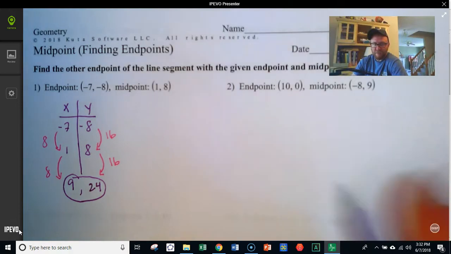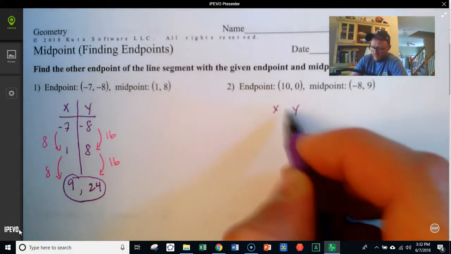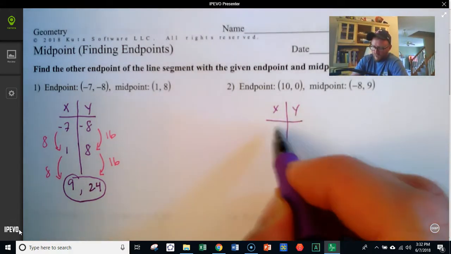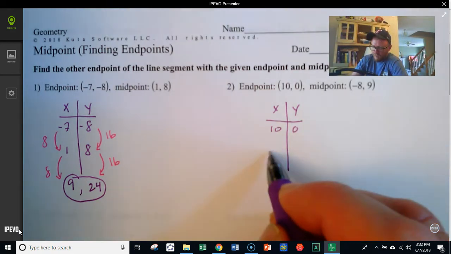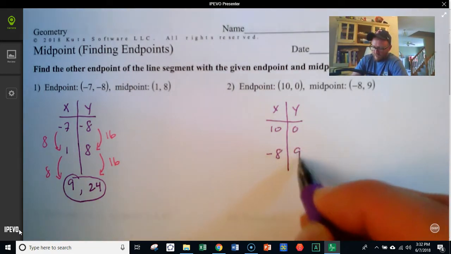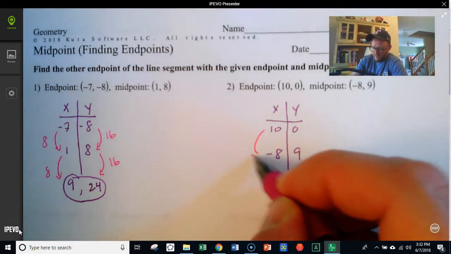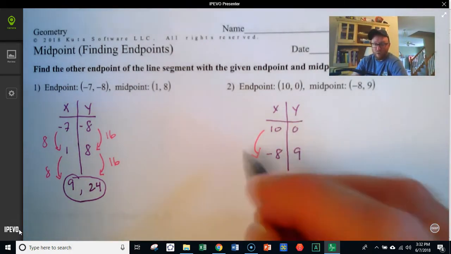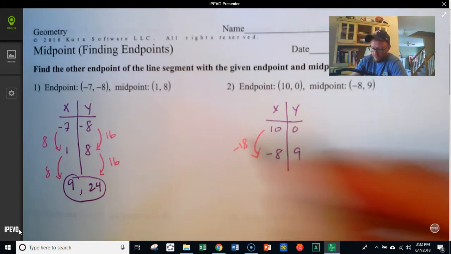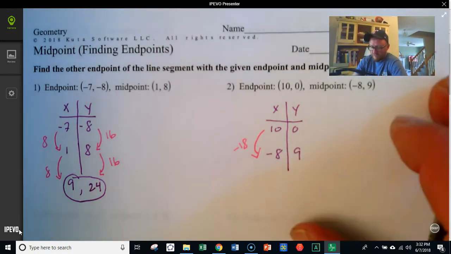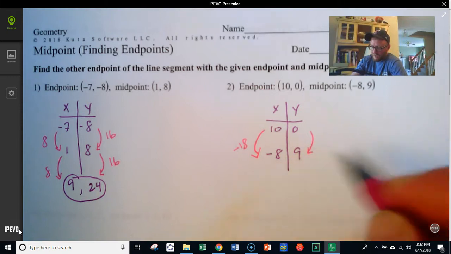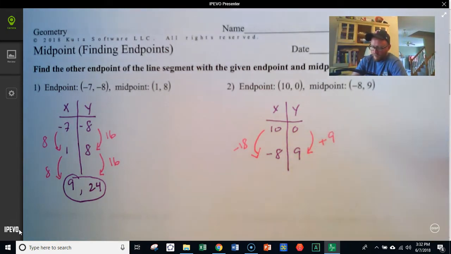Here I've got xy of 10, 0, and the midpoint is -8, 9. So from 10 to -8 is going down 18. Over here, from 0 to 9 is plus 9.